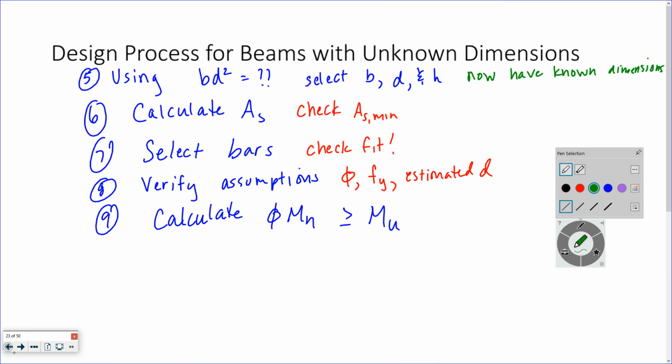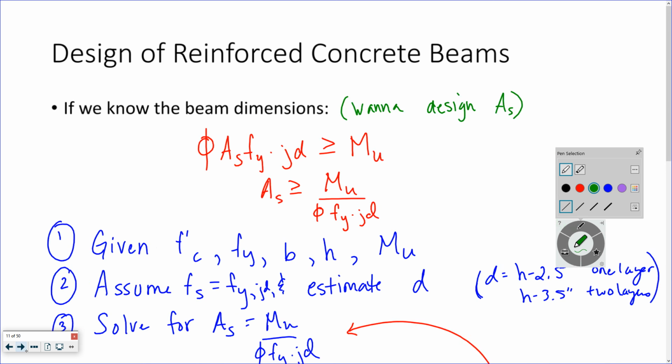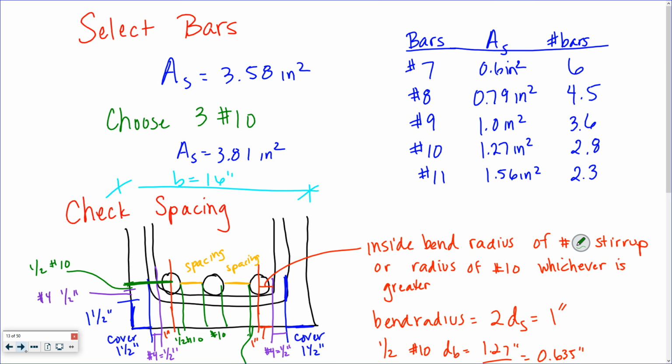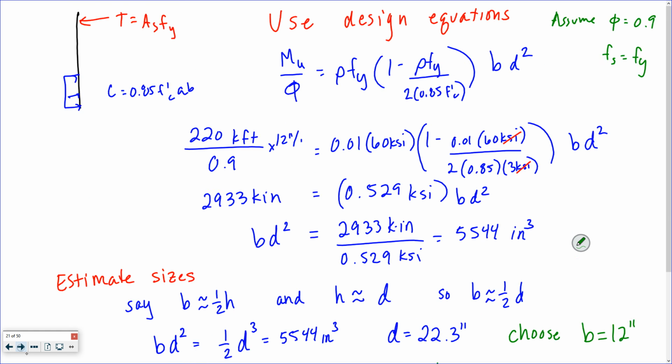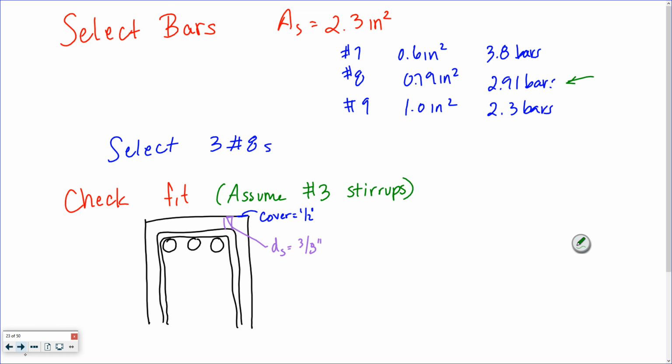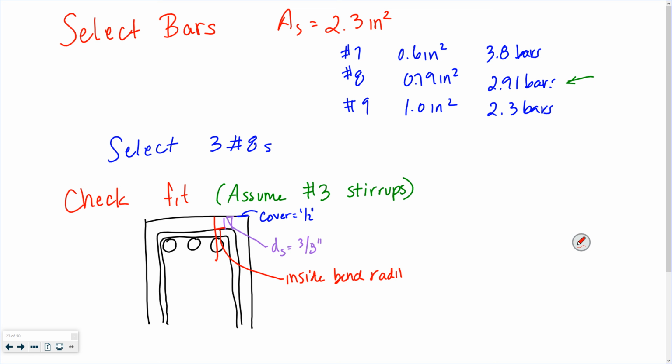What color did I make them last time? Red and then green. My bend diameter. I'm sorry, DS.